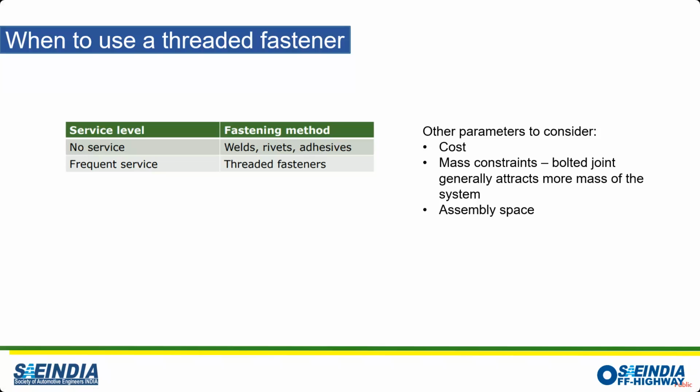Sometimes the cost is the factor. If you are using the threaded fasteners, then the cost sometimes increases because of the mass increase. If you want to reduce the cost, then sometimes you would select welding over the bolt-on connection. Sometimes you will have some kind of assembly constraints or space constraint.